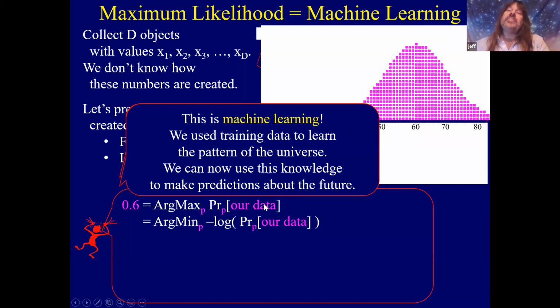I just take the probability, take the log of it, and put a negative in front. That would change this value, but it won't change which P is optimal. It does change from finding the P that maximizes this to finding the P that minimizes this negative log of the probability.